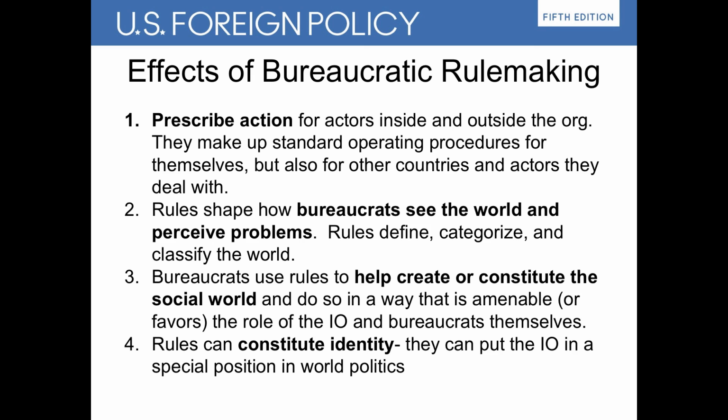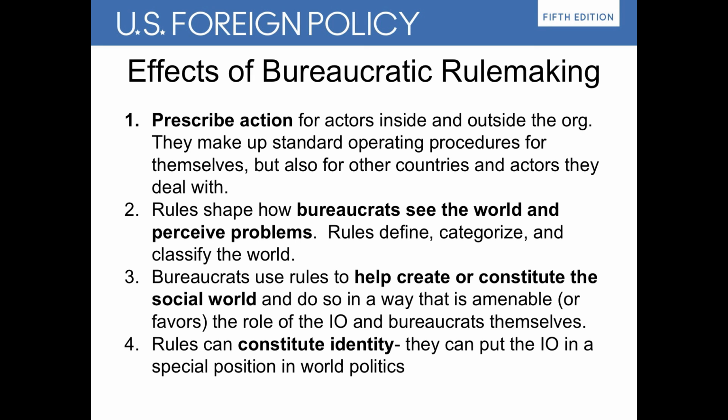3, bureaucrats use rules to help create or constitute the social world, and they do so in a way that is amenable to their intervention, meaning that they use rules to create how we all see the issues that they are making rules about. And the way that they create the social world reflects their particular position to intervene.